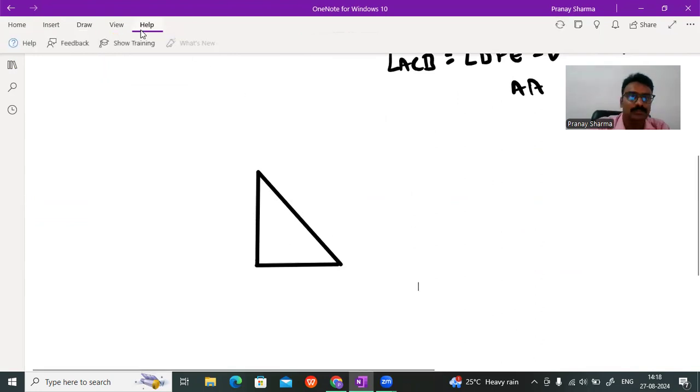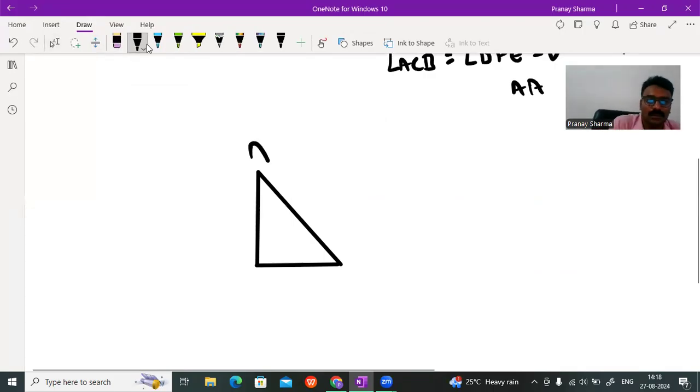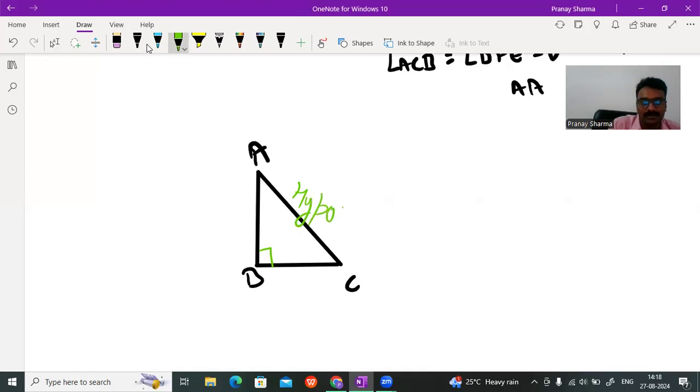So this is A, B, C. The longest side, as we are assuming that the 90 degree is somewhere here, over B, will be the hypotenuse, this will be the base, and this will be the perpendicular. Fine. Let us say this angle is theta.